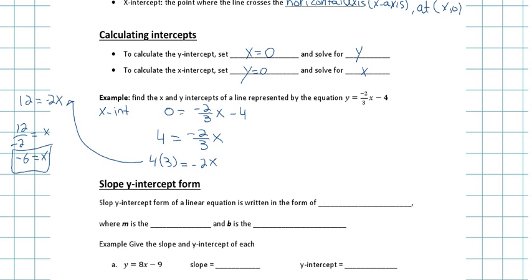And that would eliminate the negative 2, and then you'll end up with 12 over negative 2. Now, what I found here, I found my x-intercept. Okay? So if I want to graph it so far, where would I put my point?